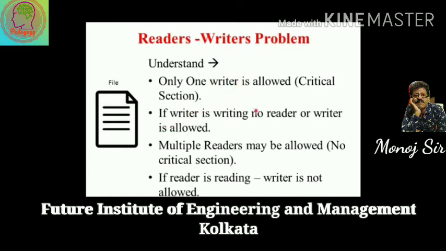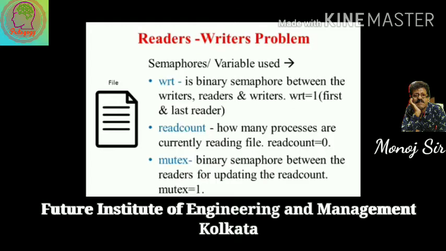If a reader is reading, a writer is not allowed. Otherwise, we will face a race condition. I think you have seen my video where I have discussed race condition. So, to implement the readers-writers problem, we have to understand these 4 points.